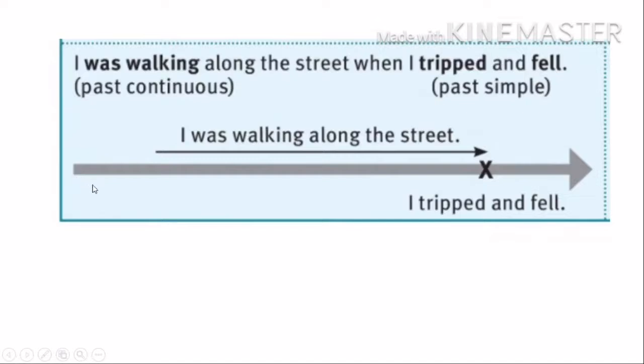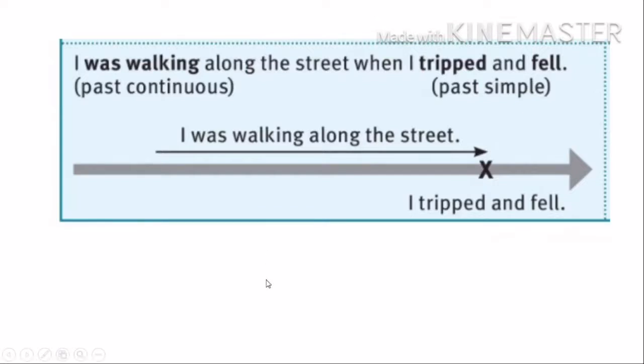And when you're talking about narrative tenses, you have to be careful with the action that was in progress. It's going to be past continuous. And the action that interrupted the previous action in progress is going to be in simple past.